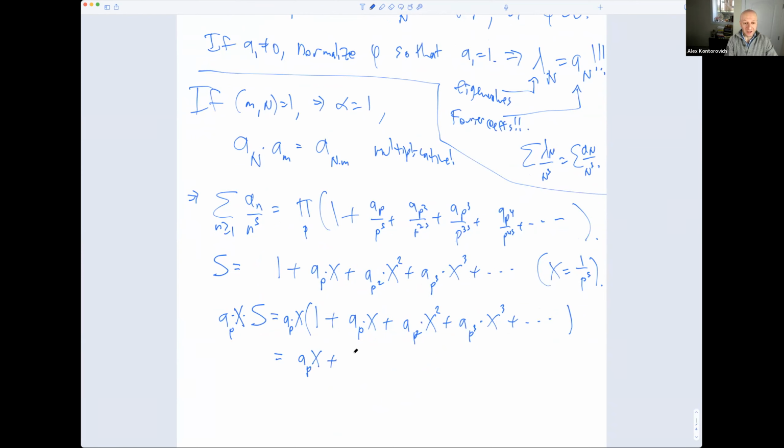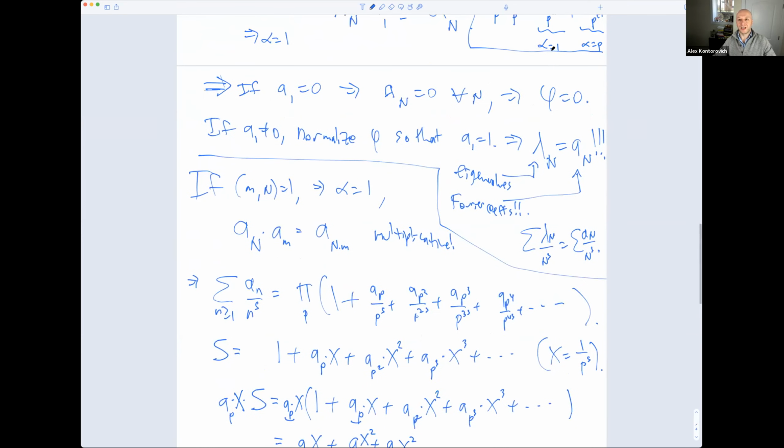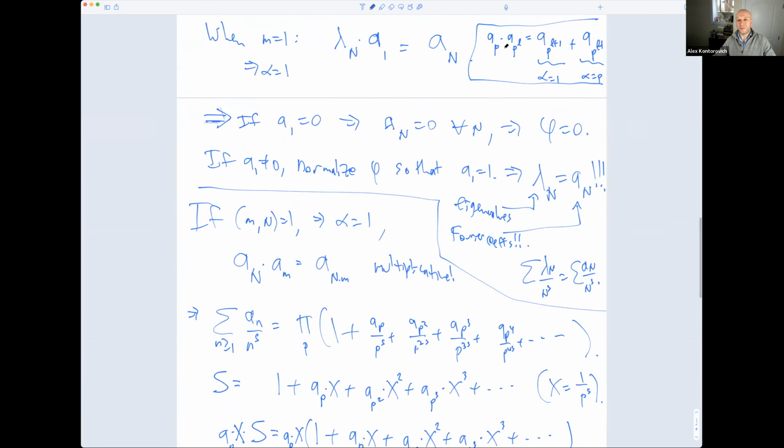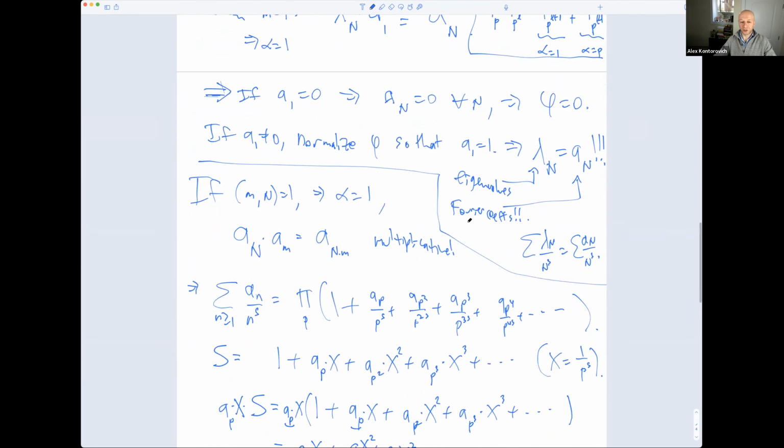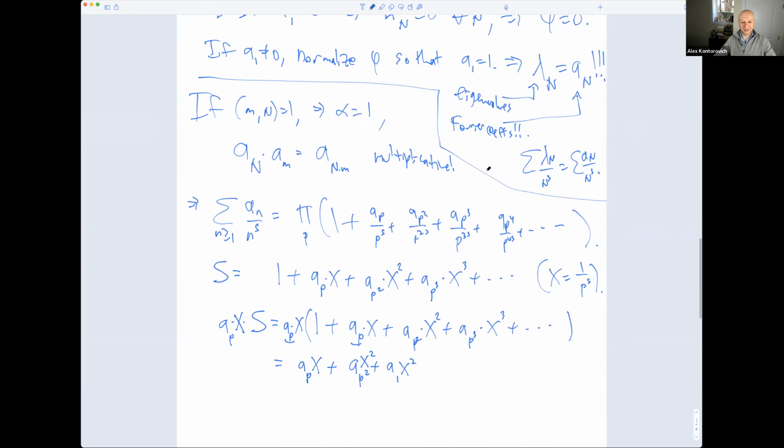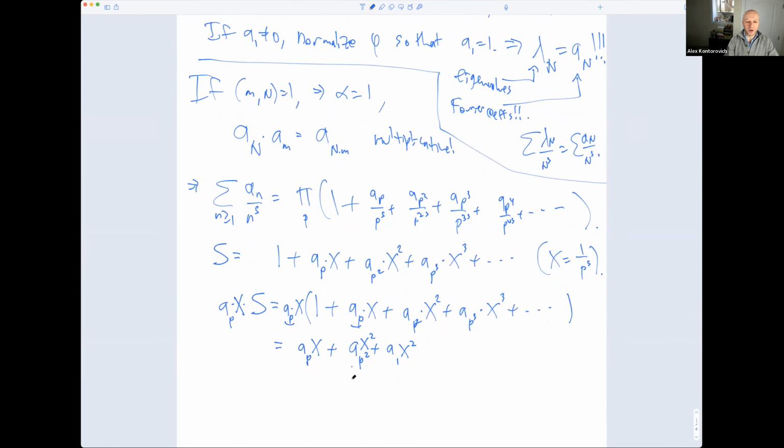I know what that is: that's an a_p squared plus an a_1, times x squared. I'm multiplying a_p by a_p, and my formula is that when you multiply a_p by some power of a_p, you multiply the powers and divide by p squared. I'm just following this recursion relation. So this is the x squared term.